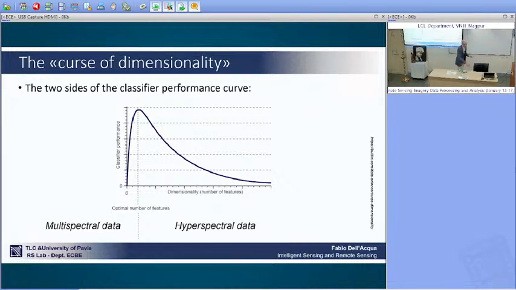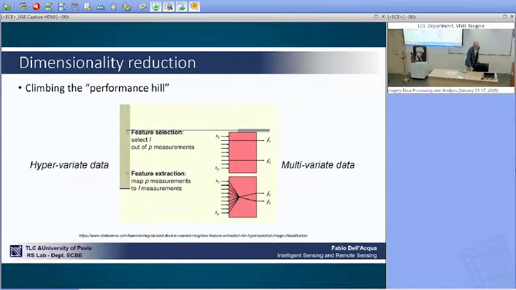So in general, what you have to do is to move from many bands to either a selection of these bands, which is called feature selection, or to generate more synthetic bands which summarize the information that you are looking for. Does that make sense?